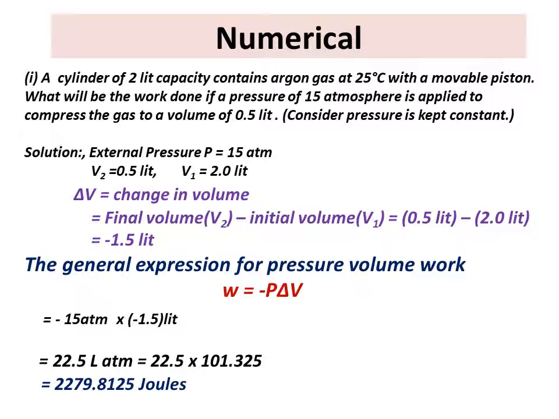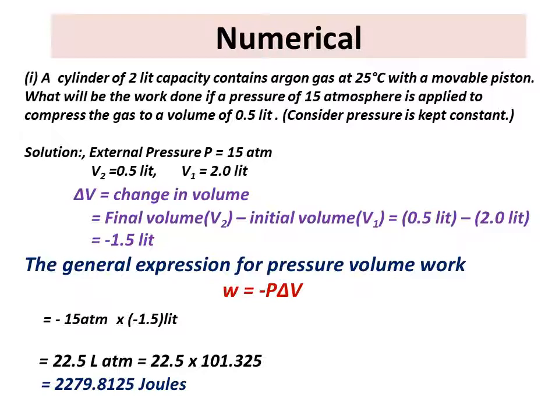What will be the work done if a pressure of 15 atmosphere is applied to compress the gas to a volume of 0.5 liters, considering that the pressure is constant, that there is no variation while applying it?